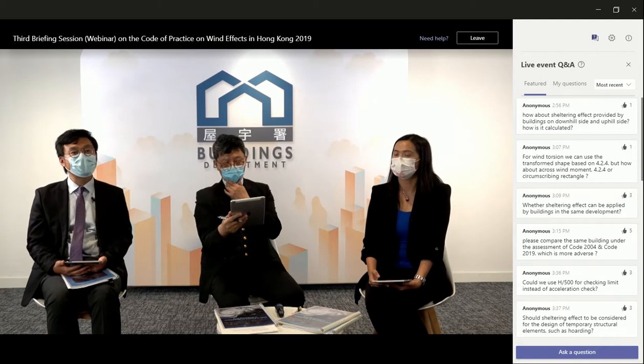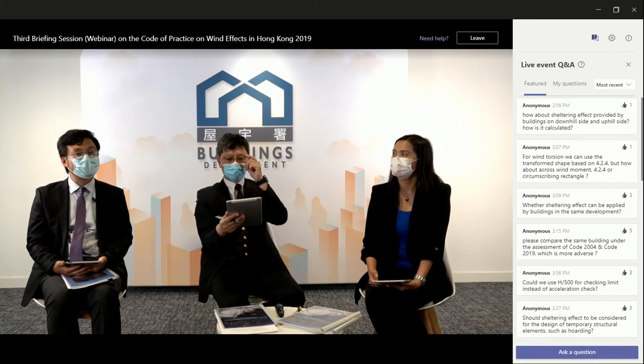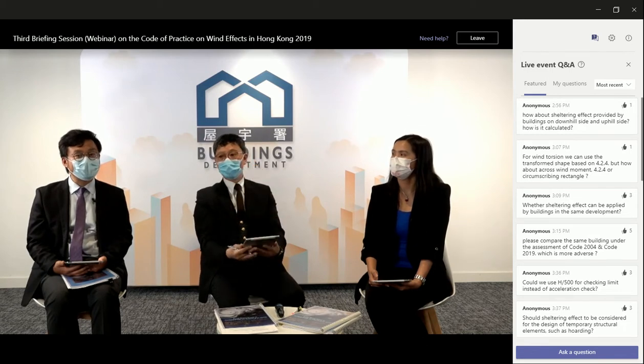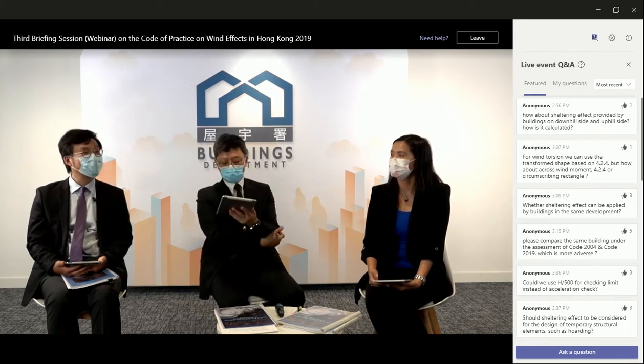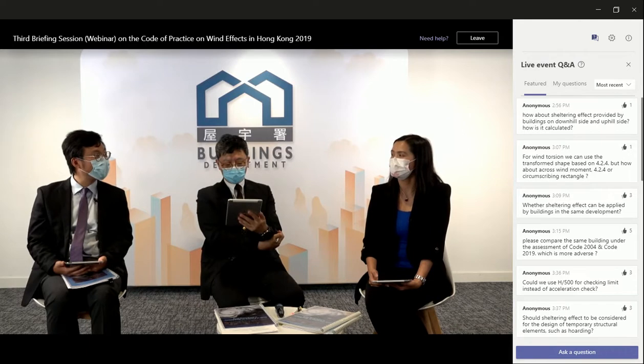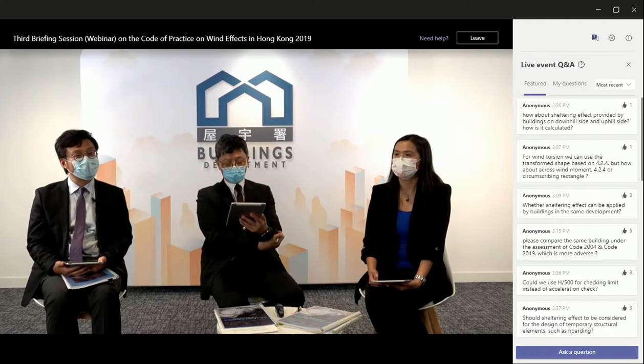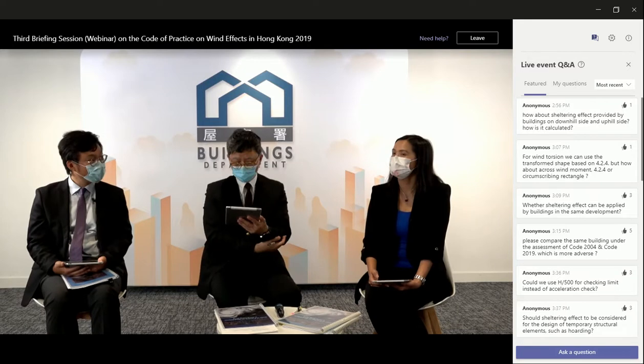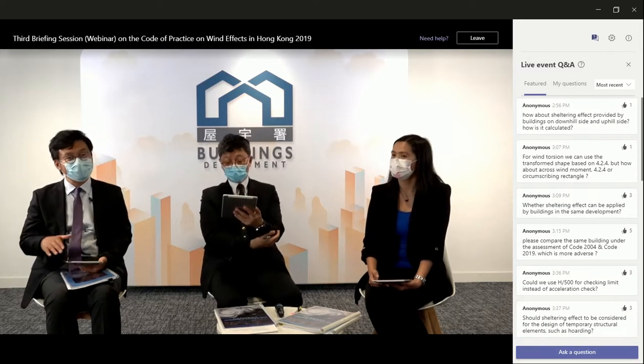But one thing, according to the study, is very clear: for a very slender building in a very exposed site, for example at the seafront, the 2019 code is expected to give a higher wind load because this is more scientific. Even if you do the wind tunnel test, it will reflect a similar result, because the highly dynamic-driven crosswind response has now been reflected in the new code.